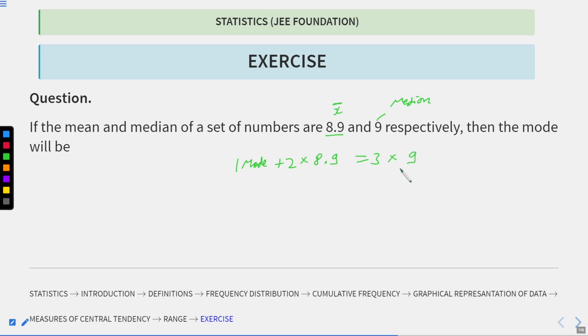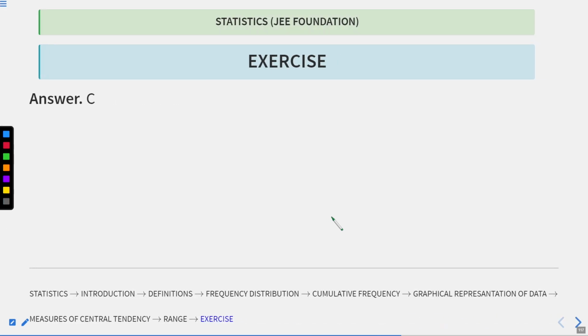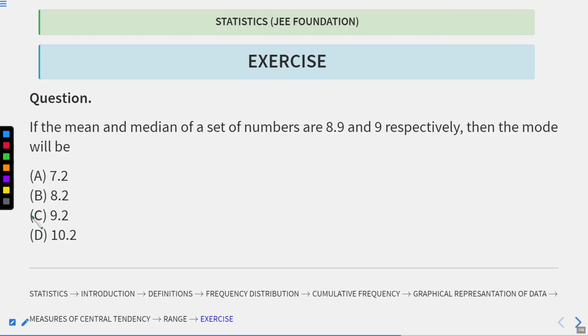So mode is equal to 3 times 9, which is 27, minus 2 times 8.9, which is 17.8. Okay, I hope this is clear. So the final answer would be 9.2, because 27 minus 17.8 is equal to 9.2.